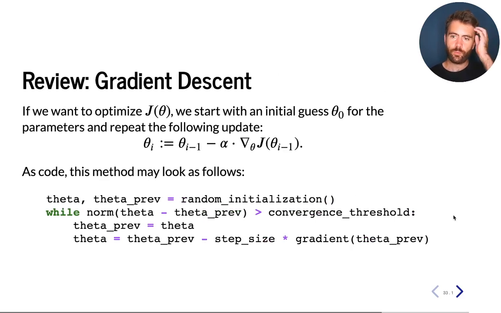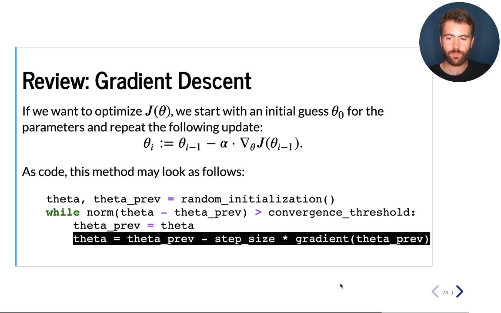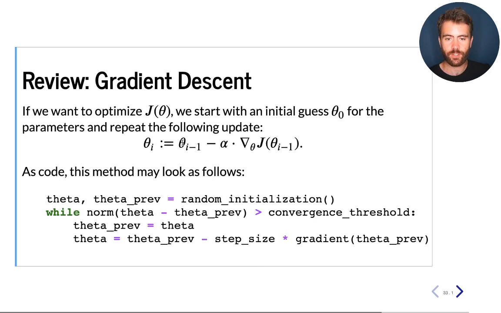Now, in previous lectures for other kinds of algorithms, we have used gradient descent to find the optimal value for the parameters. And recall that gradient descent is an algorithm in which we start with some guess for the parameters, and then while the parameters are still converging, we repeatedly apply the following step that is defined here in math.